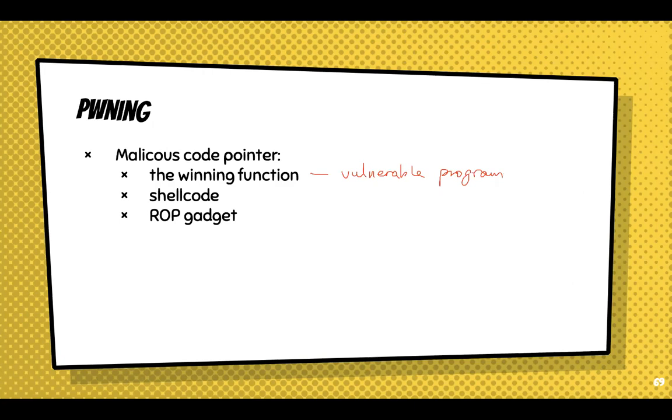And if the vulnerable program doesn't contain a function that we can use directly, then we can create the code ourselves and store it somewhere. If we're going to use shellcode, then we want to put it in stack. But the code itself is created by the attacker.